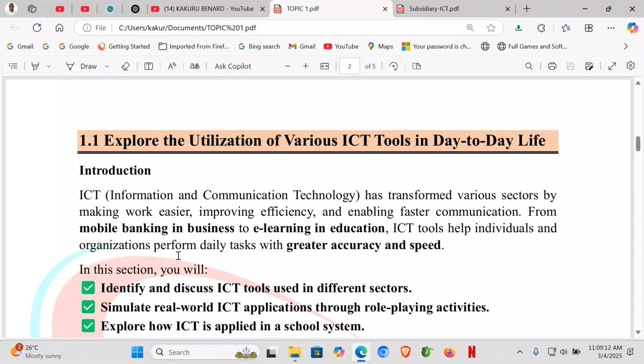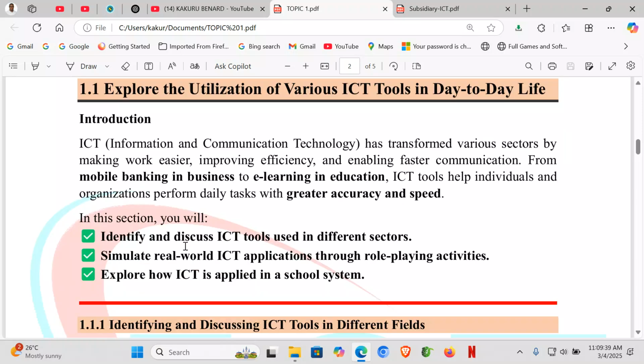Introduction: information and communication technology has transformed various sectors by making work easier, improving efficiency, and enabling faster communication. From mobile banking in business to e-learning in education, ICT tools help individuals and organizations perform daily tasks with greater accuracy and speed.